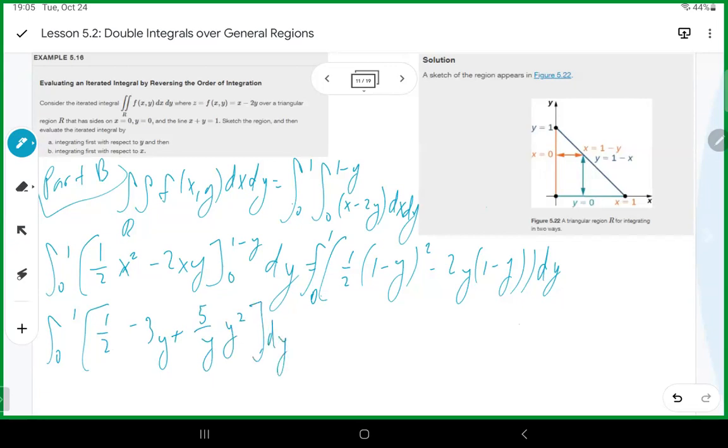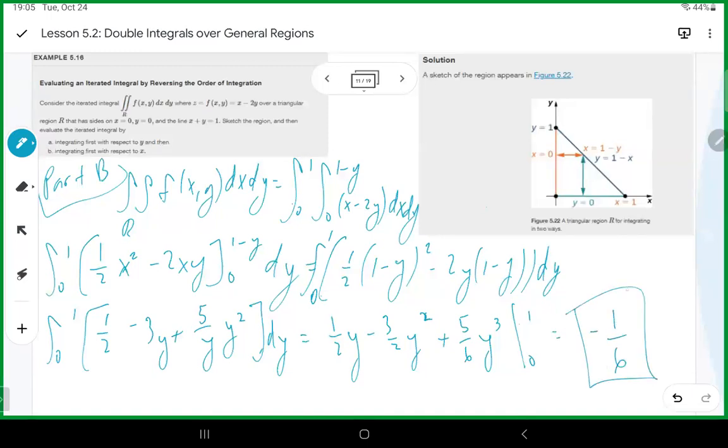Plug everything in, you end up getting 1/2 y minus 3/2 y squared plus 5/6 y cubed, 0 to 1. Again, negative 1/6.